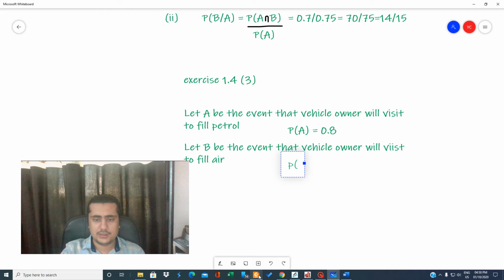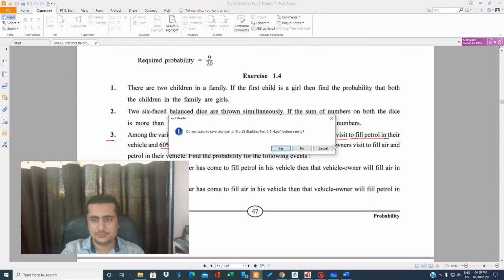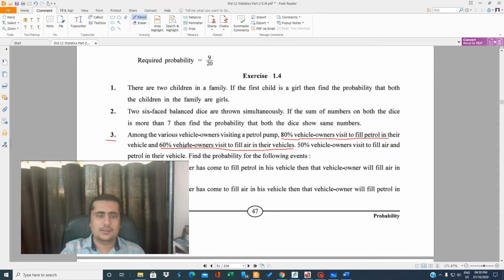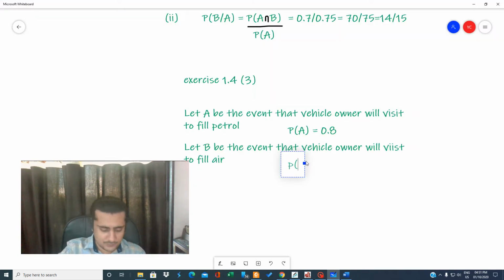What is P of B? It is 60%, that is 0.6. Your P of B is 0.6.